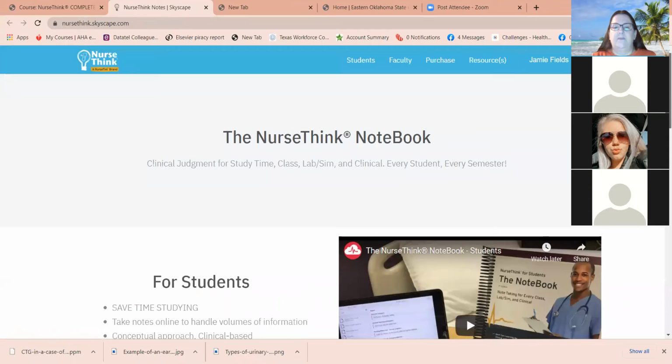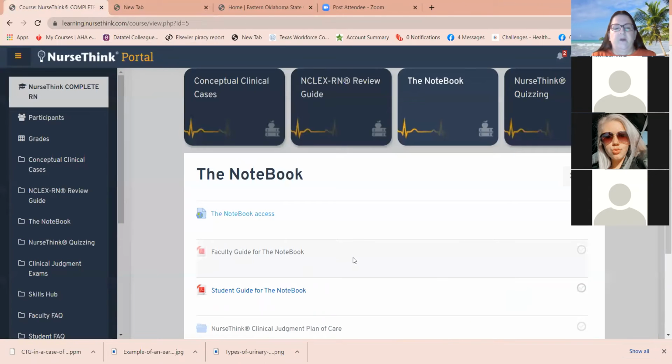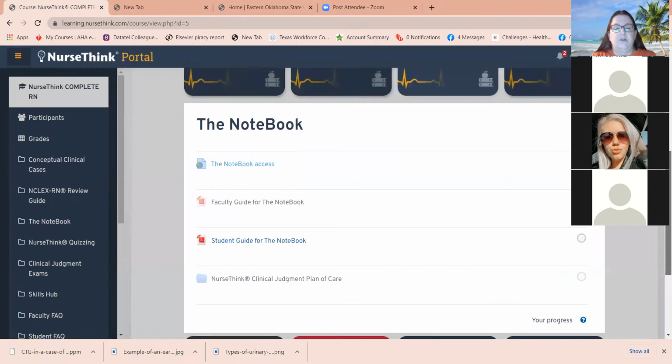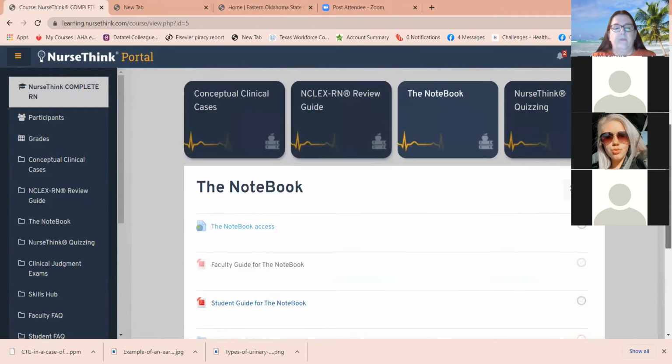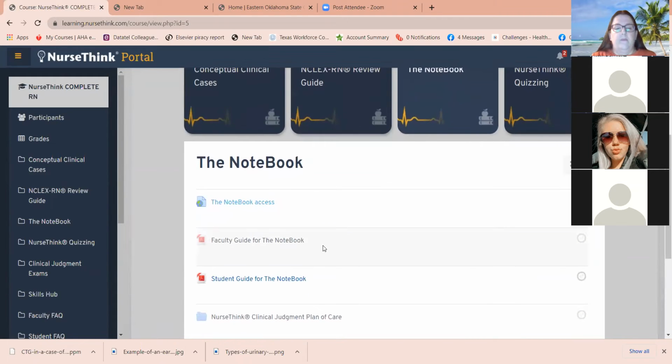No, maybe it's not. I think it is not loaded on this computer. So in the notebook, I want you to find the notebook page for preterm labor. I'm going to unshare and see if I can find.